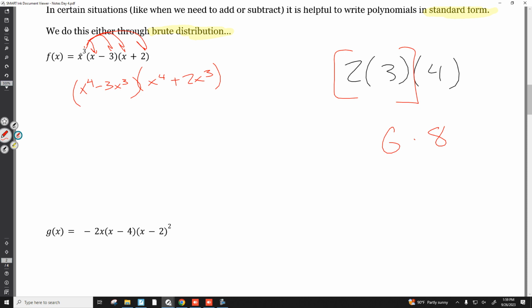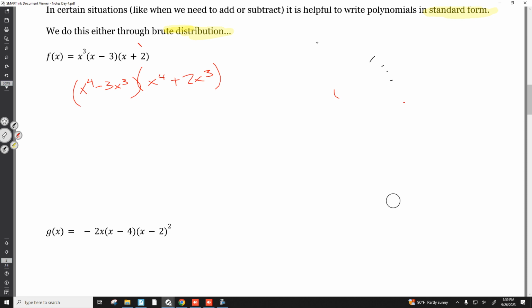You can't distribute this to all four things because what you're doing is you're multiplying x cubed twice. Don't do that, okay? So, my recommendation for brute distribution is if you have one single term multiplied by two other terms, you could distribute this into one of the two, but not both.